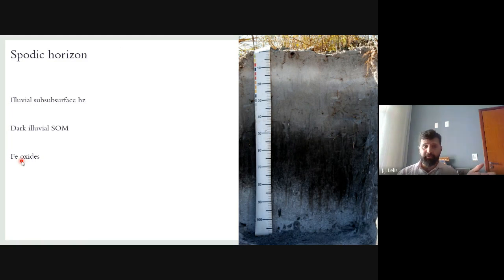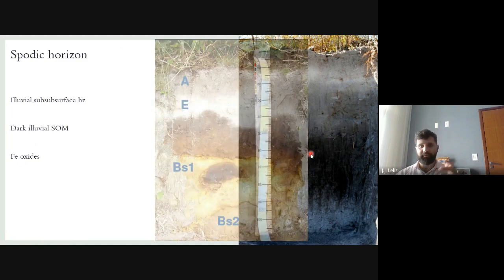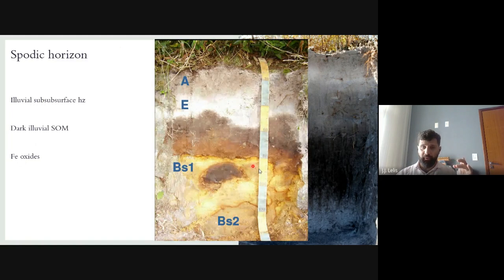It's quite common to find in these cases this dark color, but we also can see a yellow color or a dark yellow color that shows us the migration of iron oxides in this condition. We can see this. So we have this A horizon here, this dark, not so dark, but it's a dark horizon.